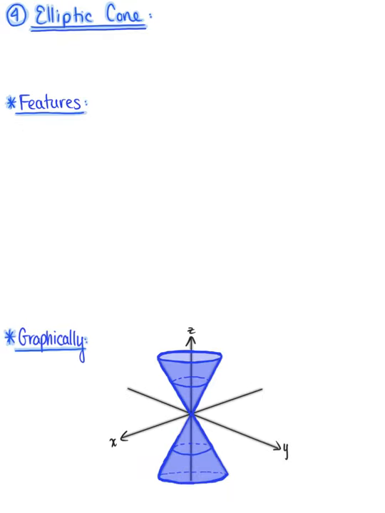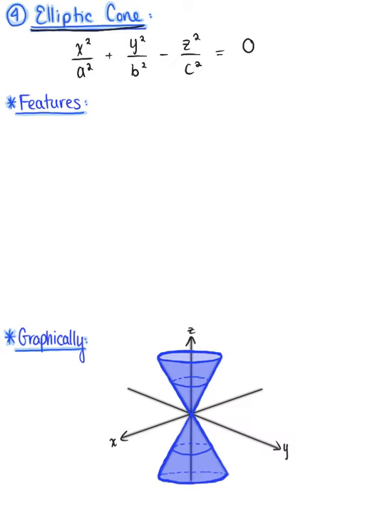The next quadratic surface on our list of basic surfaces is an elliptic cone. One way to define an elliptic cone is by x squared over a squared plus y squared over b squared minus z squared over c squared, and this is equal to 0.